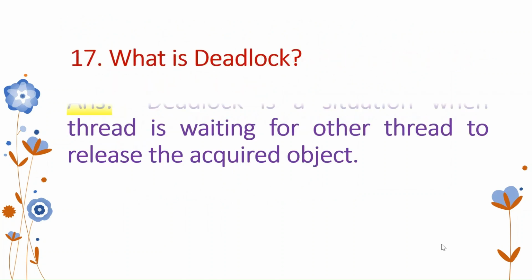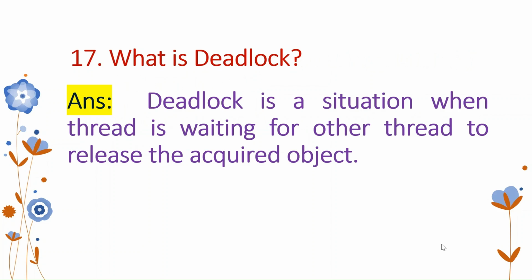What is deadlock? Deadlock is a situation when a thread is waiting for another thread to release the acquired lock. Suppose two threads are running and one thread is holding one resource, the other thread is holding the other resource, but each one wants to access the other thread's resources for the completion of execution, but no one is ready to release the resource required by the threads.